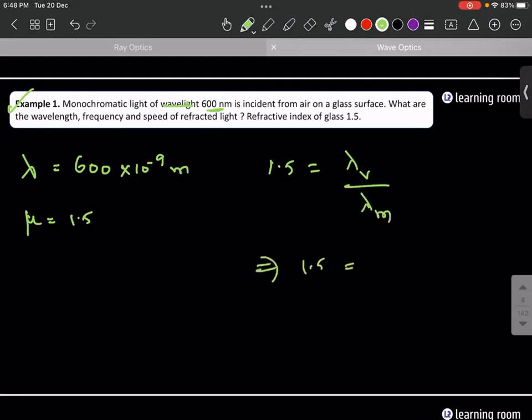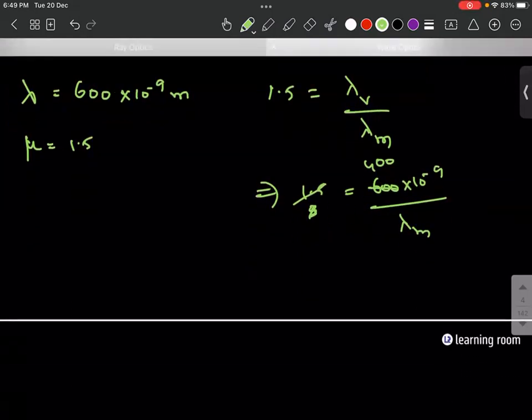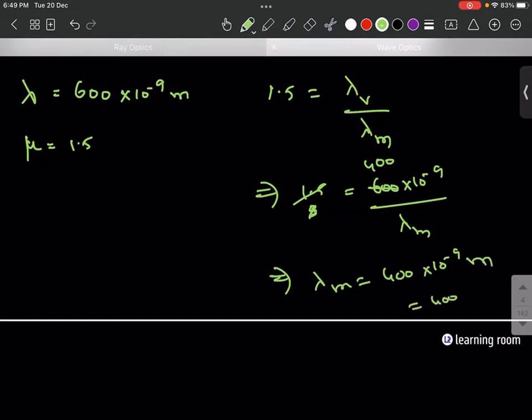What is the value of lambda in vacuum? 600 into 10 power minus 9, divided by lambda in medium. 1.5 will cancel 600 how many times? 400 times. Which implies lambda m will be equal to 400 into 10 power minus 9 meter, or 400 nanometer.